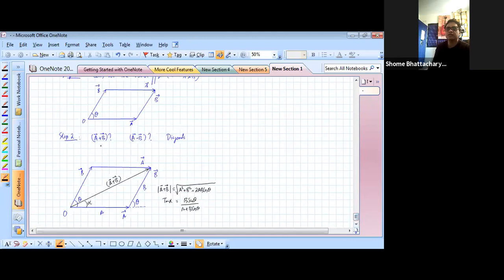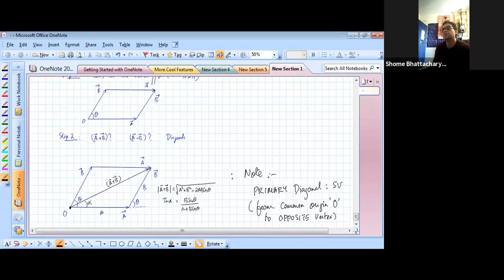when you were constructing the vector parallelogram, first you drew vectors A and B from some common origin. So the diagonal which is from the common origin to the opposite side becomes the sum. So here we'll recognize it like this, that the primary diagonal, which is from the common origin for the two vectors O to the opposite vertex, always represents the sum.